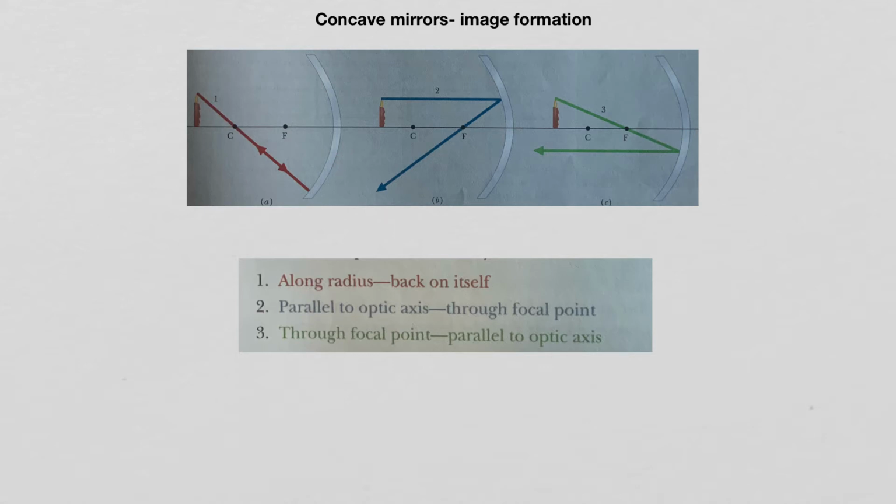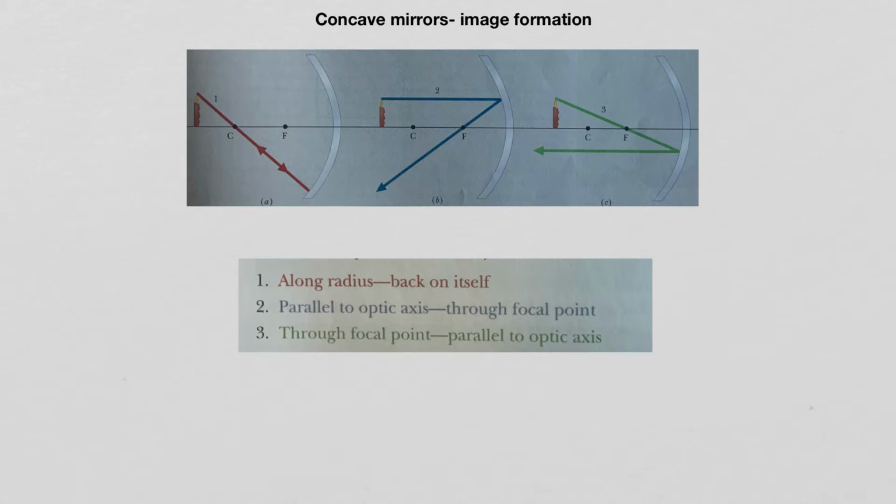Well, we know from geometry that the radius of a circle is perpendicular to the circle at any point. So, since the mirror is part of a circle, that means that the radius here is perpendicular to the surface of the mirror, which then means that the incident light ray, ray number 1, is incident upon the mirror at 90 degrees.